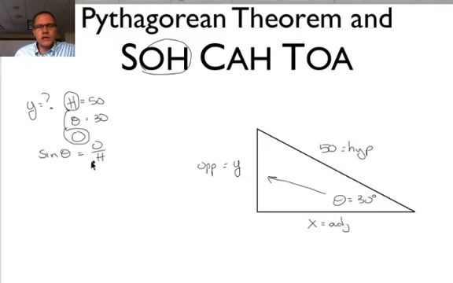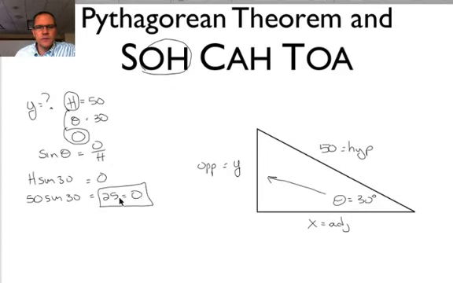Using our algebra concepts, if we multiply both sides by the hypotenuse, we find that the opposite is equal to the hypotenuse times the sine of 30. So you just put that into your calculator, 50 times the sine of 30, and you should come up with 25. So opposite is equal to 25.